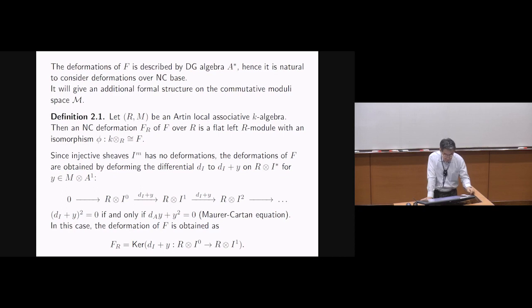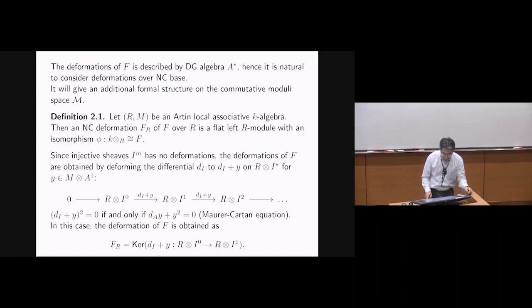And also one can prove that it is exact except at degree 0. So (d_i plus y) squared being trivial is equivalent to saying that dy plus y squared is 0. And this is called the Maurer-Cartan equation for the deformation of this sheaf.